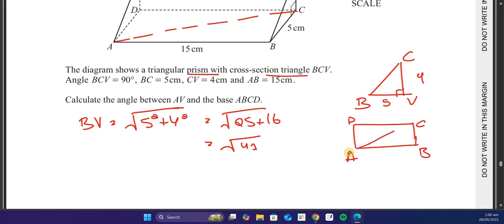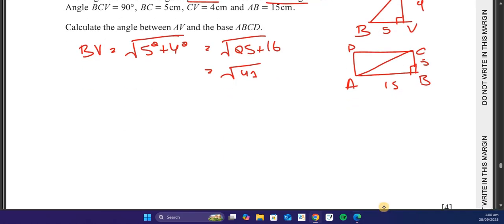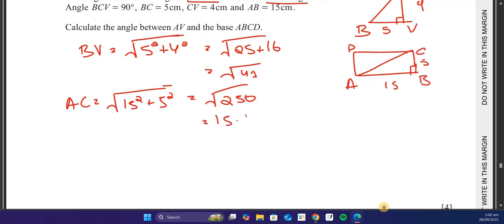That is a right angle triangle, that is 15, that is 5. So using Pythagoras again, AC is equal to root 15 squared plus this squared. That will give us root 250, and that should give us 15.8.